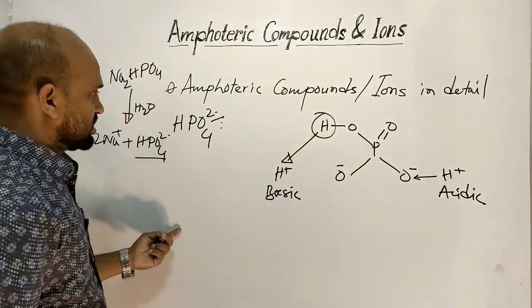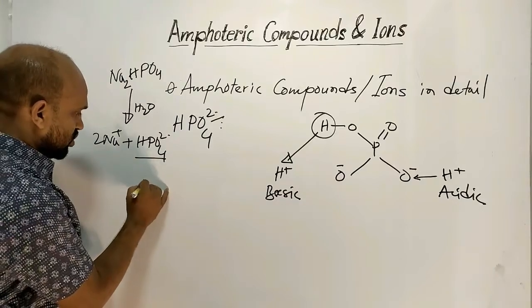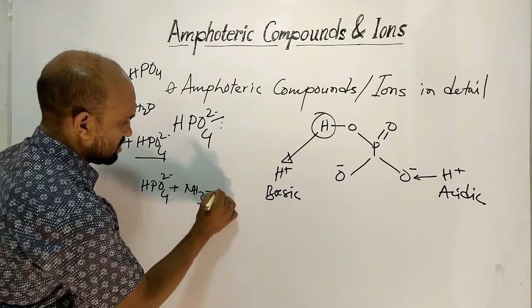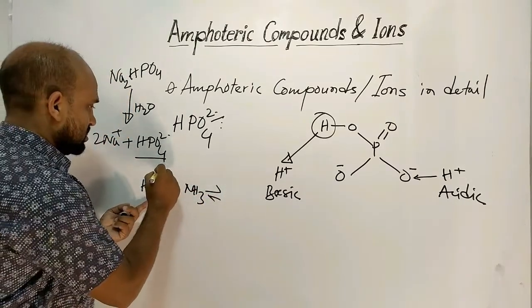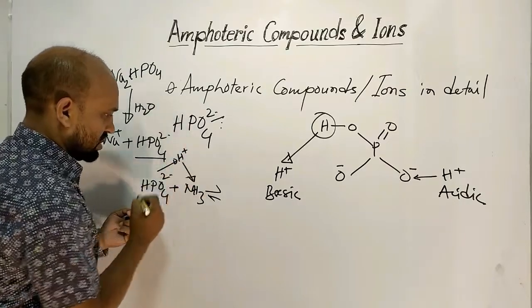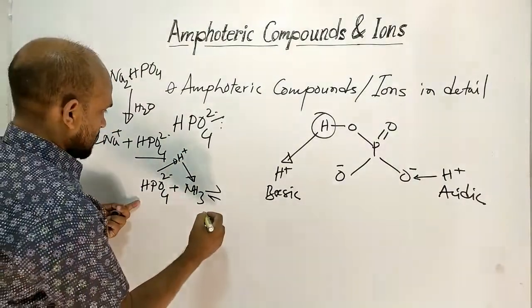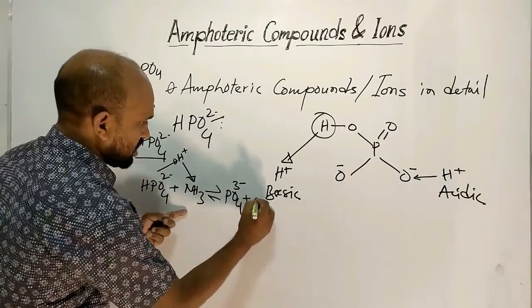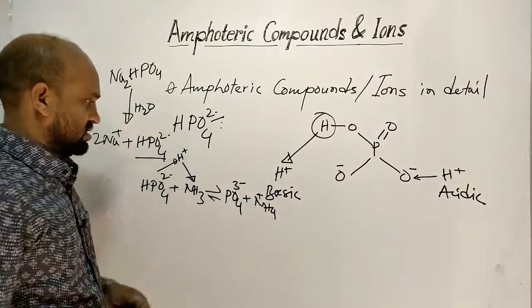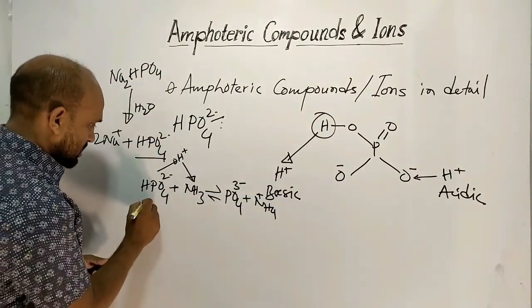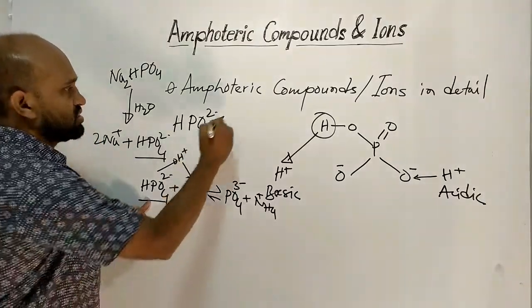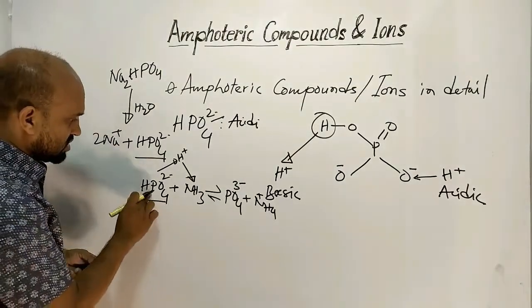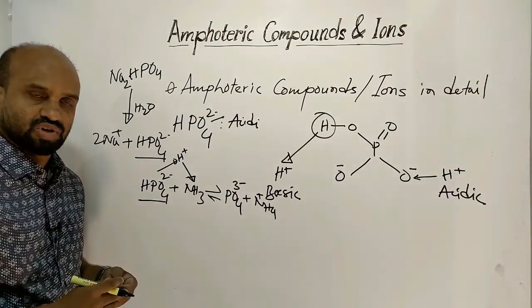Now let's see a chemical reaction. When monohydrogen phosphate ion is added to ammonia, it donates a proton and ammonia accepts that proton. After donating the proton, it becomes phosphate ion and ammonia becomes ammonium ion. So this is acid in this reaction. Now let's see the basic nature of monohydrogen phosphate ion.